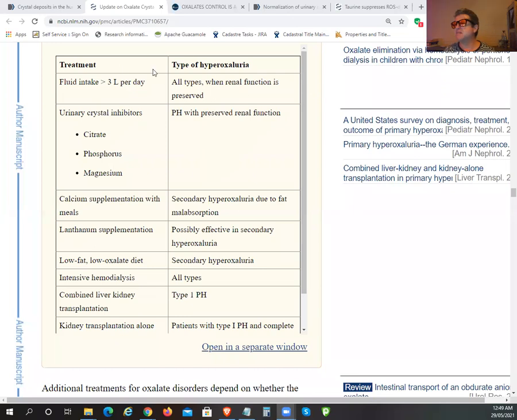Okay, let me just bring that up because I did forget about this. These are the sort of treatments they talk about. Well, we want to be hydrating with fat, because at the end of the day, bile does help, and taurine helps with bile, and that removes a lot of those oxalates as well, helps get rid of the crap, so to speak.